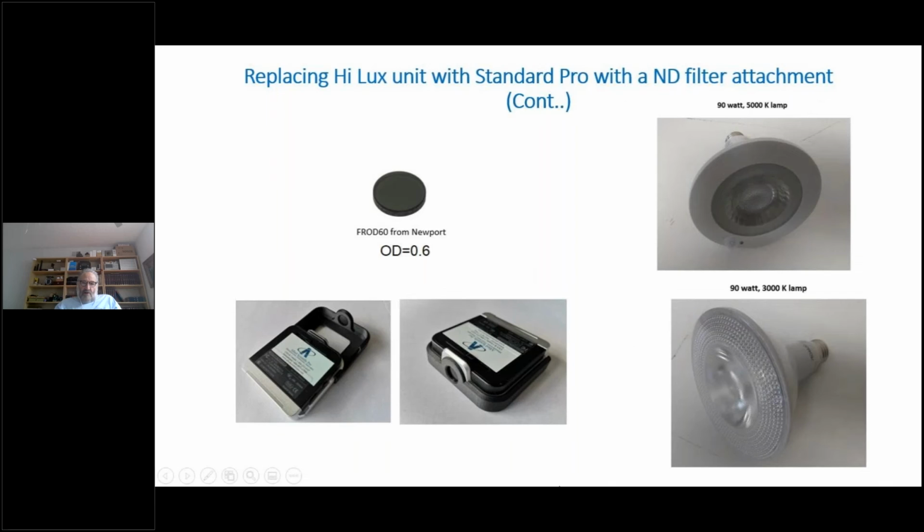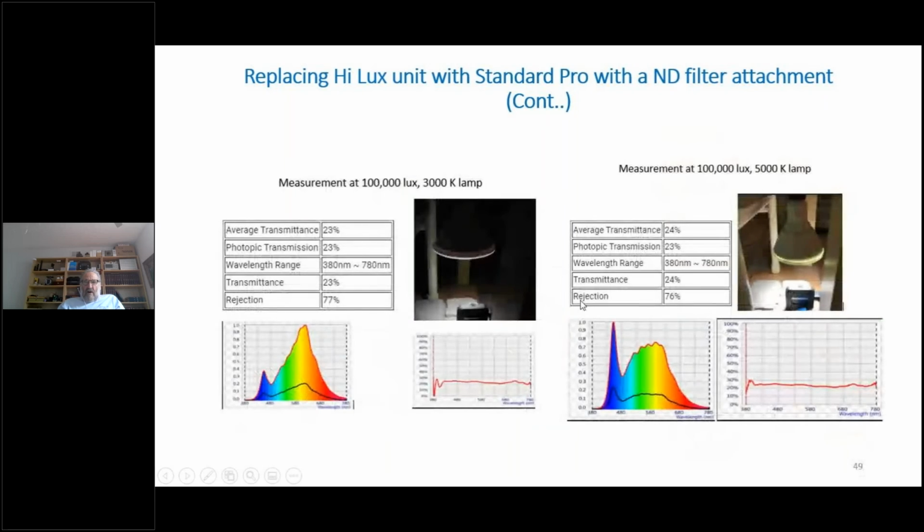And we got a hold of two high power lamps, one at 5000K and one at 3000K, and did measurements with and without the filter. So the transmission of the filter was measured to be about 23 to 24%. This is using the Lighting Passport transmission app, and it's pretty consistent, pretty constant along the spectrum.